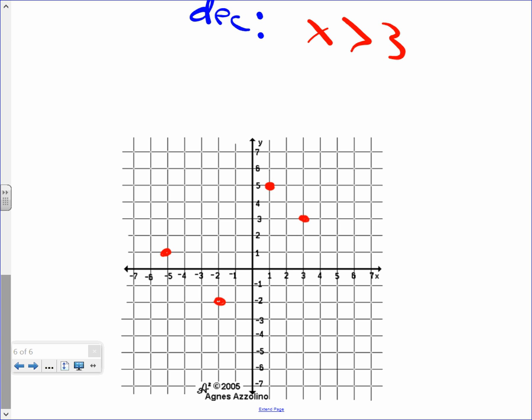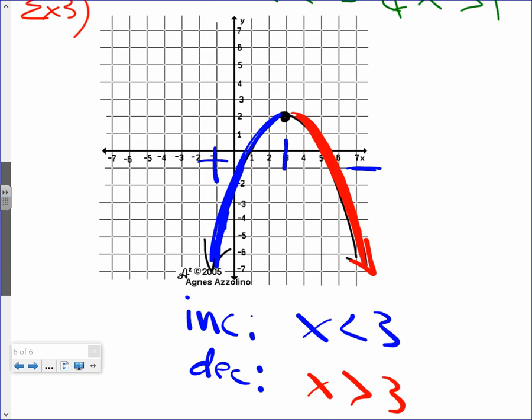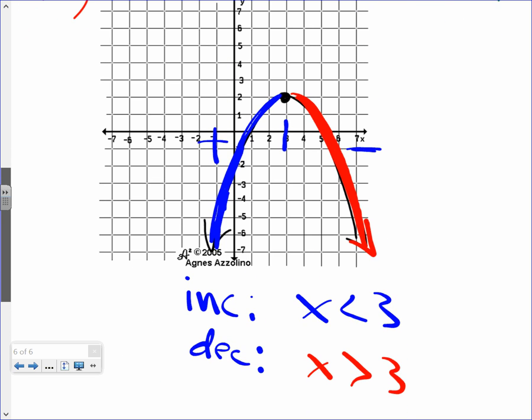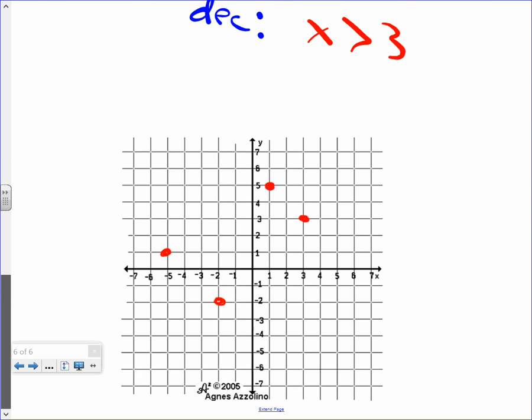So -5, 1, 1 point there. -2, -2. 1, 5, then 3, 3. Do that for me. I'll wait. In case I was going too fast, example 3. X is less than 3 is an increase. Decrease is x is greater than 3.